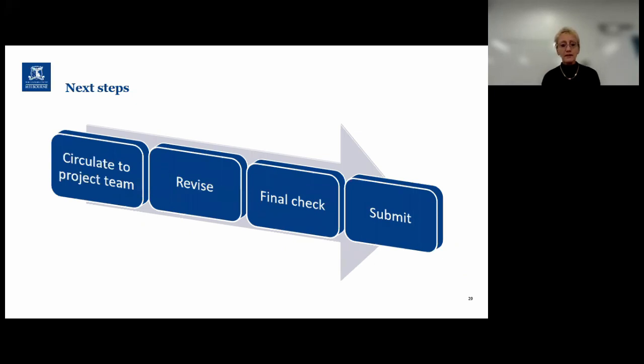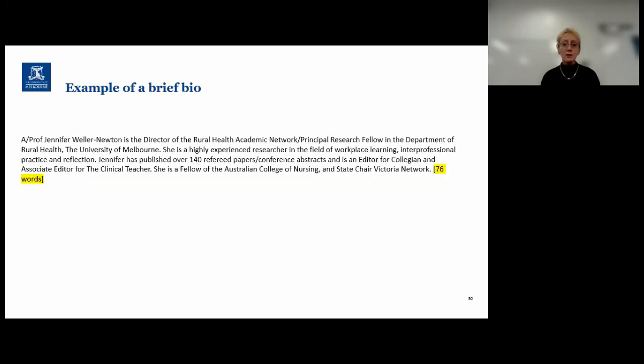So your bio, and I'm providing you with a very simple example of a brief bio. As you'll see on the screen, this is 76 words. It tells you what my current position is and where I work. It explains my background in research, how I've published extensively in refereed conference abstracts.